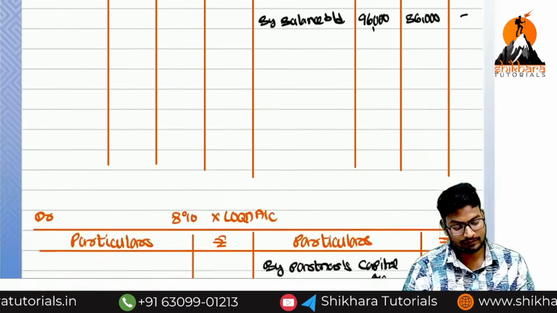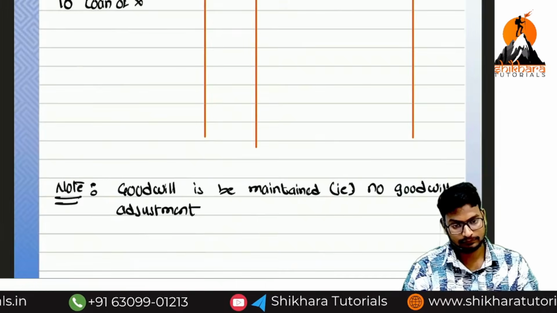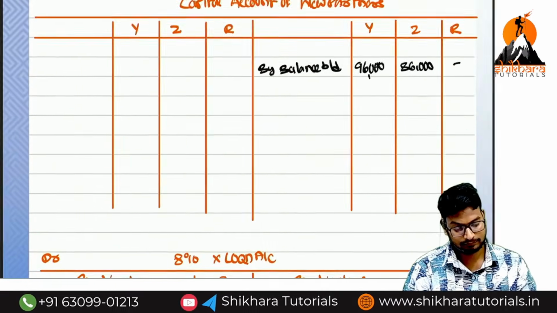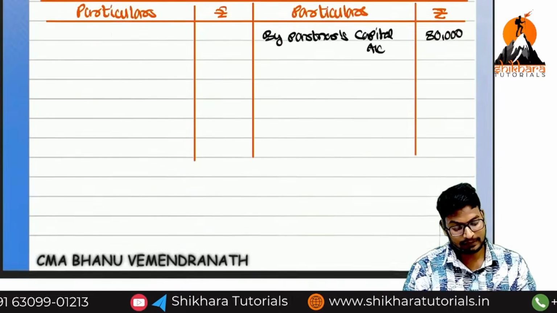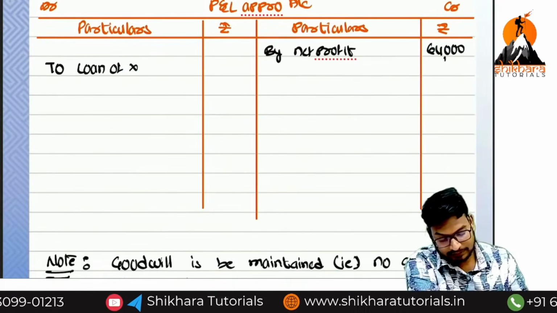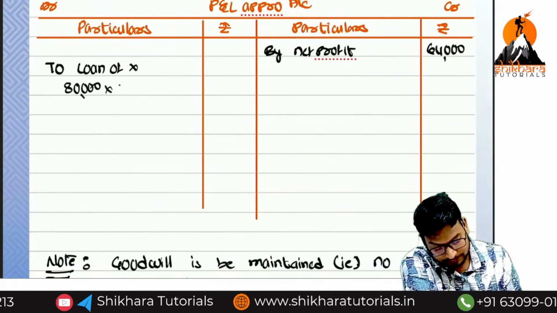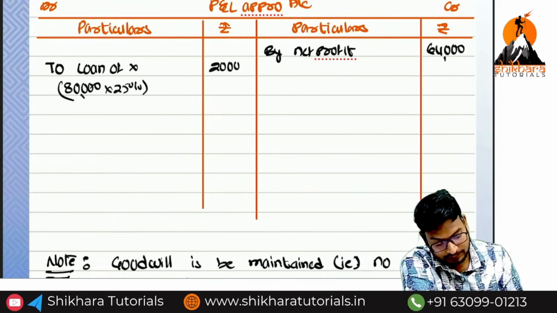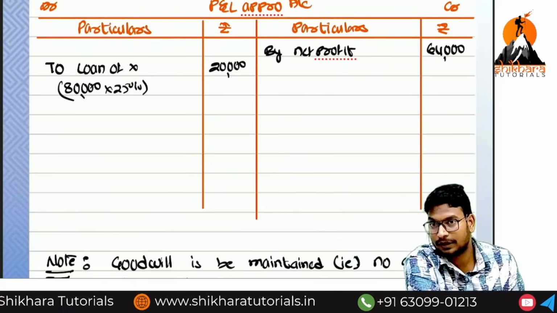Opening balance how much? Just a second. What is the loan opening balance? 80,000. 80,000 into 25% is how much? 20,000. Okay? This 20,000 we are going to repay.